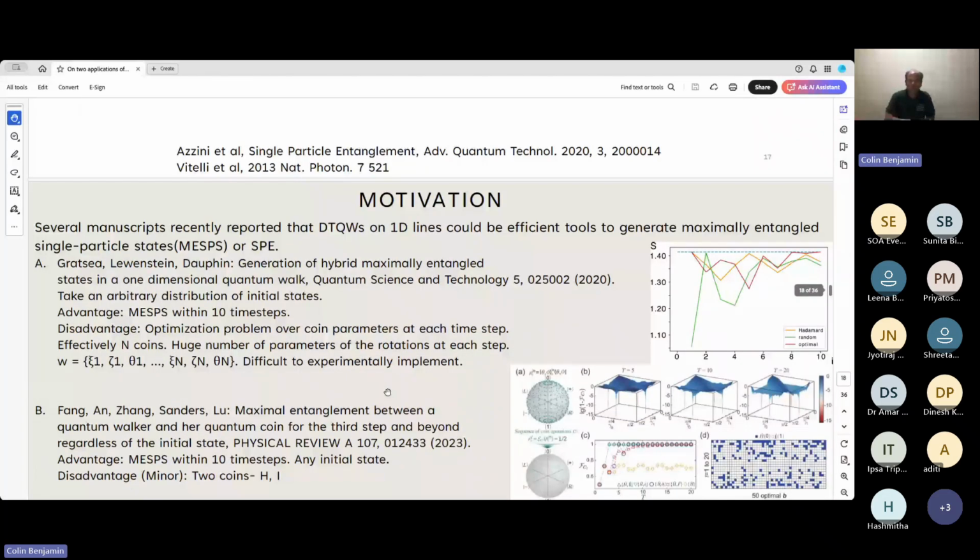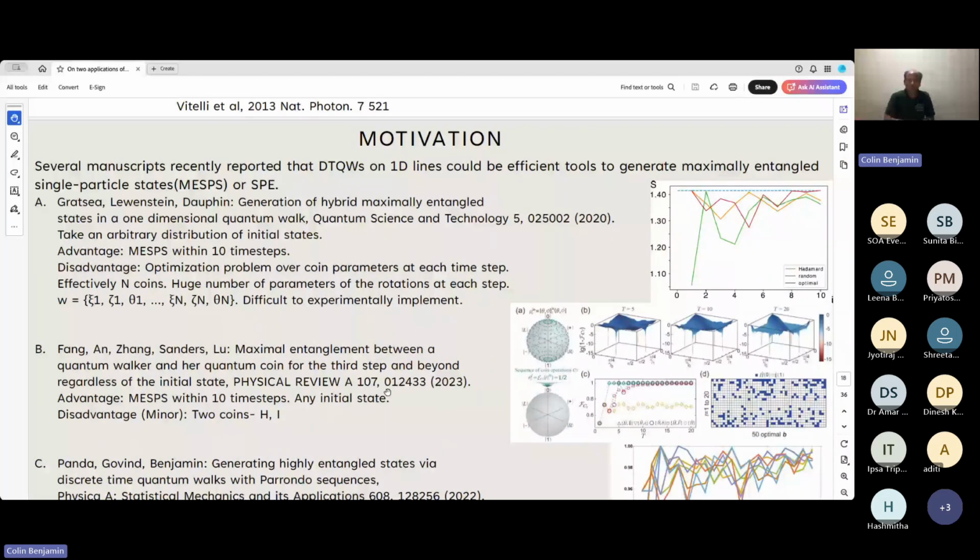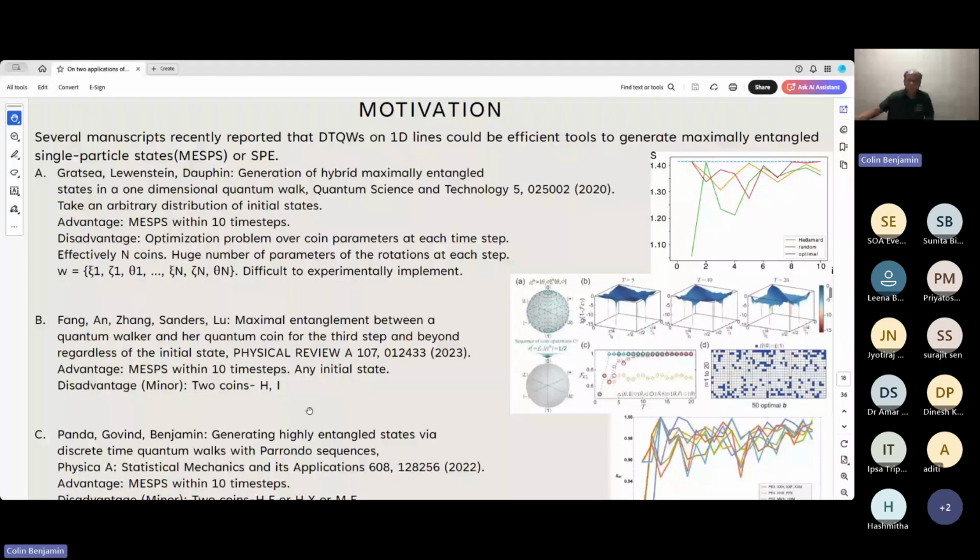Now, what is our motivation for the second part of the talk? Many manuscripts have reported that discrete time quantum walks on lines could be efficient tools to generate maximally entangled single particle states. One of the first works was by these people, and they calculated the Schmidt norm, which is a measure or an indicator of the amount of entanglement in single particle states.